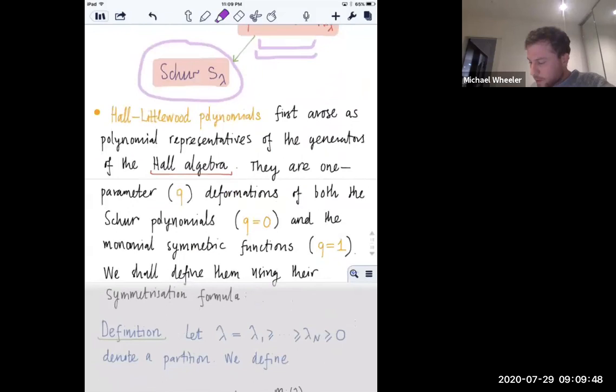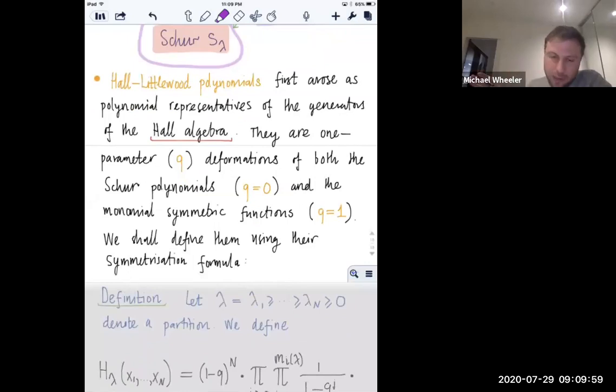So let's talk a little bit more about Hall-Littlewood polynomials. They have origins that look quite unlike anything to do with symmetric functions. They arose as polynomial representations of the generators of a certain algebra, known as the Hall algebra. The Hall algebra is an algebra in which you have generators indexed by partitions, and when you multiply two of these generators and expand over the generators, you have some structure constants, which are known as the Hall polynomials.